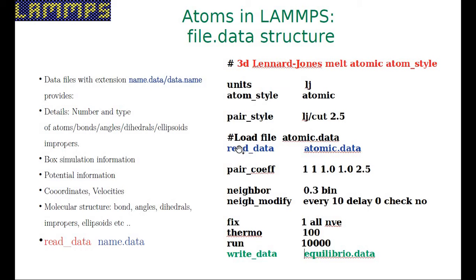Here, the initial configuration with the atoms is loaded using read data and then the name of the file. We also can write the final configuration using the instruction write data. Here we use a different name for the output file.